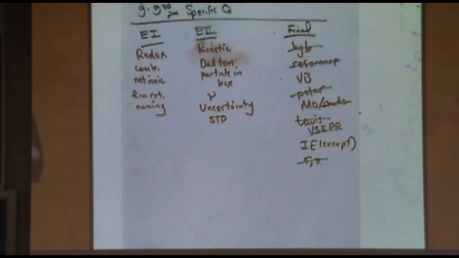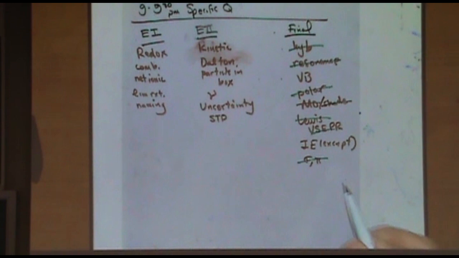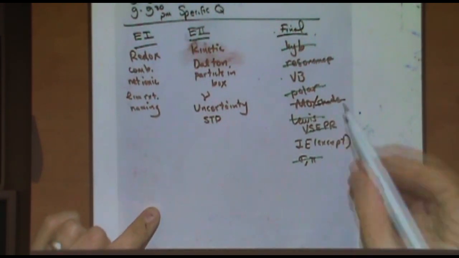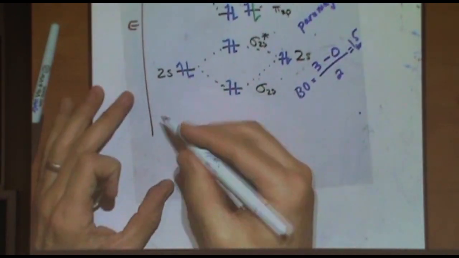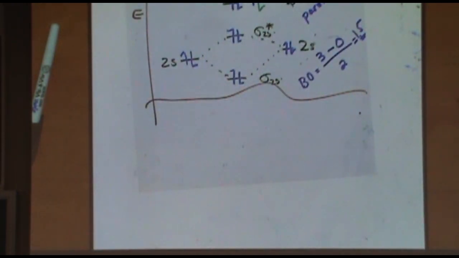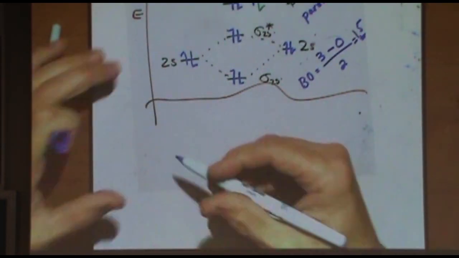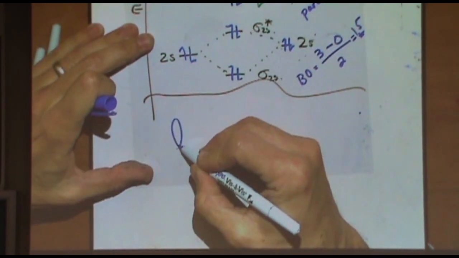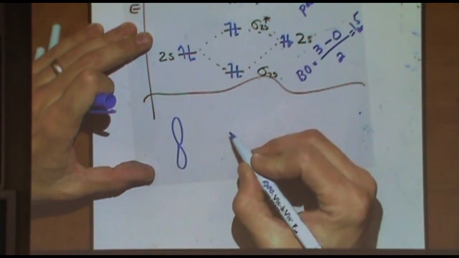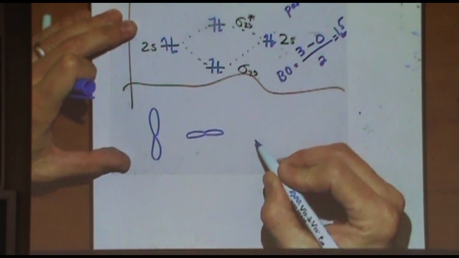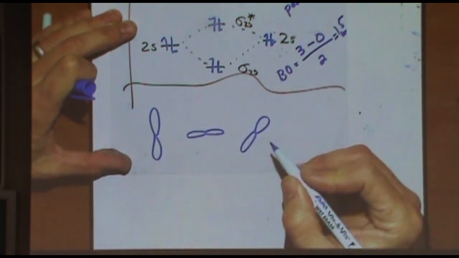Did MO? Good. Valence bond theory, I don't have too much to say about it, but I guess I could say this. Let's say you have some p orbitals here, like this.